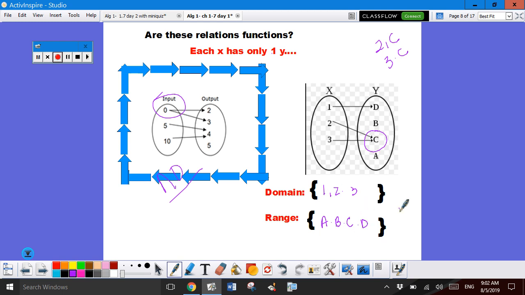There is nothing here in the domain that is duplicating. This is fine. This is the y's. So this is a function, okay? It is fine to have 2 arrows coming to the C. I just can't have 2 arrows coming off the same number in the x. So again, a function is every x only has one y. No duplicates in the x's.